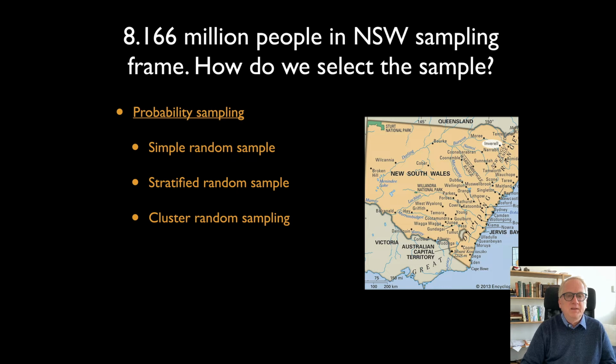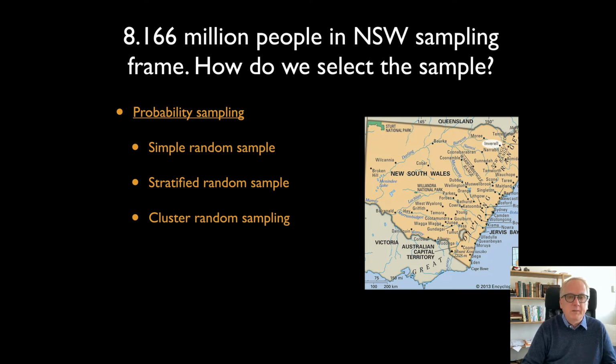So what I'm doing is, instead of just letting all 8.166 million people get picked just by chance, I'm actually going to pick clusters at a time and then get everybody in that cluster in my sample. So I might pick 10 postcodes at random and make sure that everybody in those 10 postcodes will end up in my sample. So those are all based on probability.